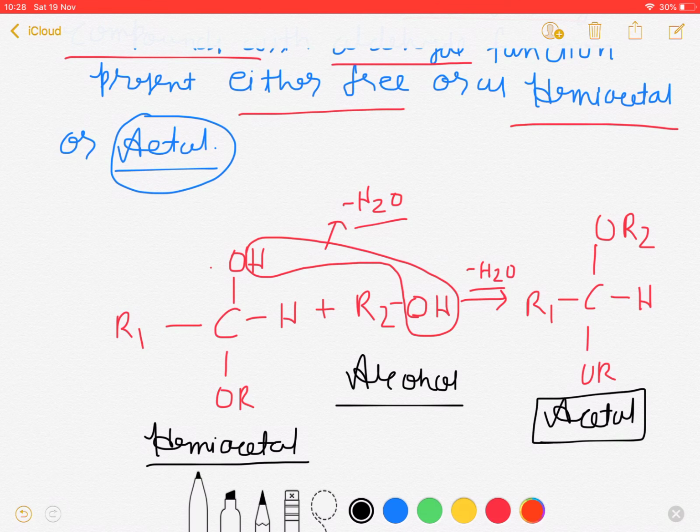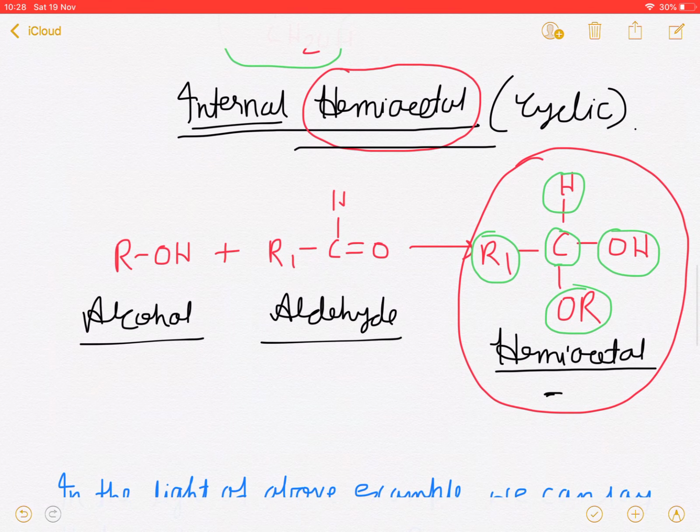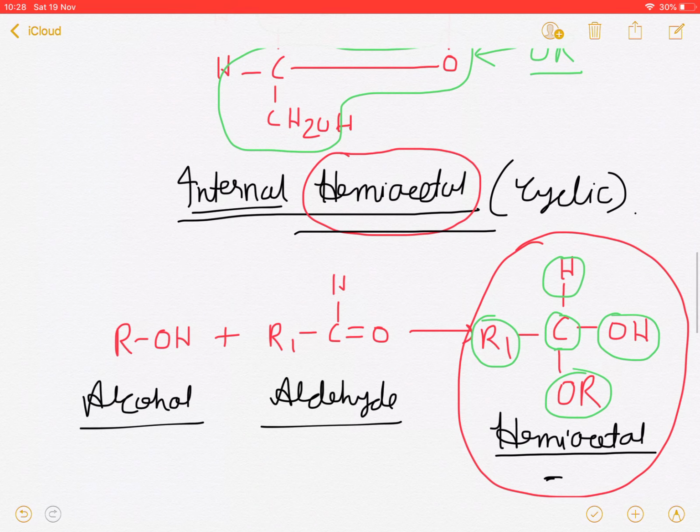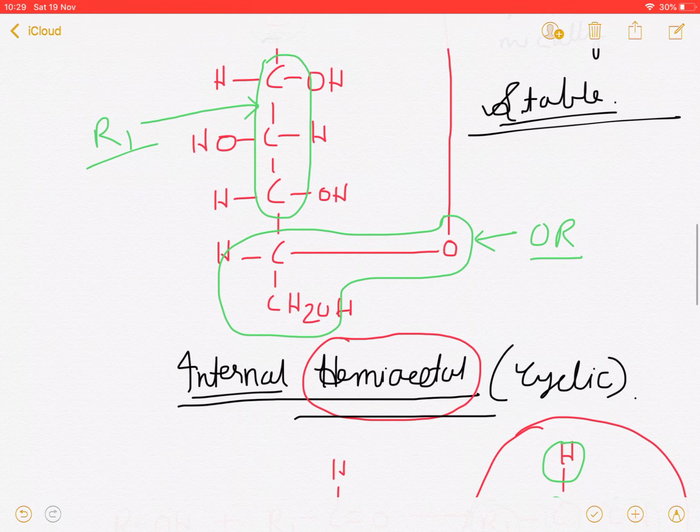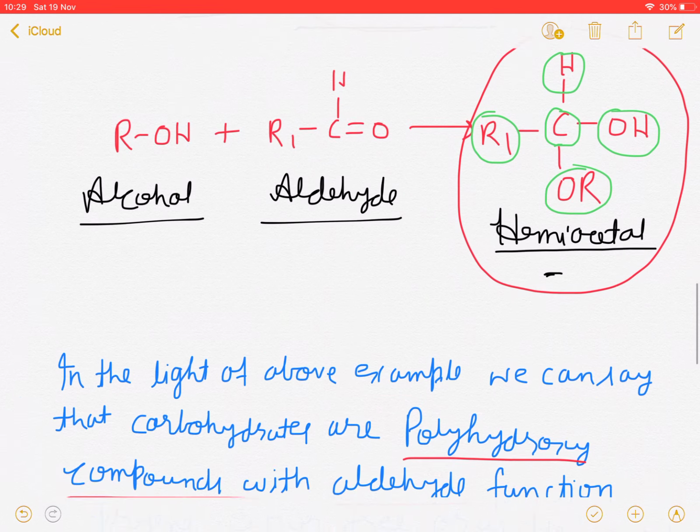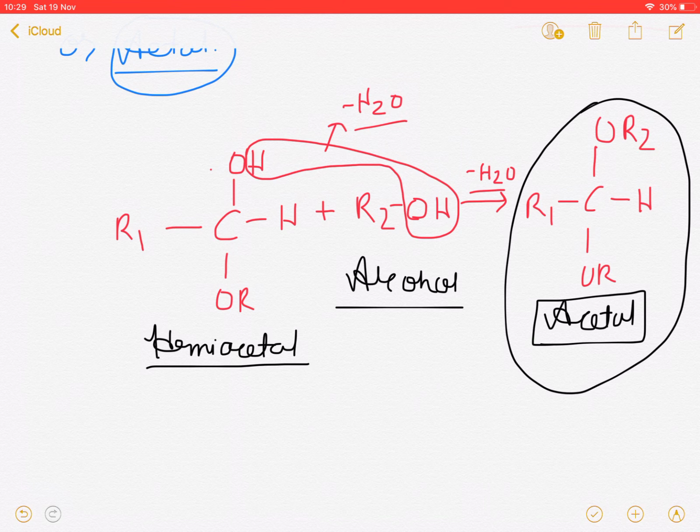And later, when I talk about oligosaccharides, you will see that inside of the oligosaccharide you will find this kind of acetal structure. For example, here in the cyclic form of glucose, you are finding a hemiacetal ring, so an internal hemiacetal. Inside of oligosaccharides, a class of carbohydrate, you are going to find acetal.